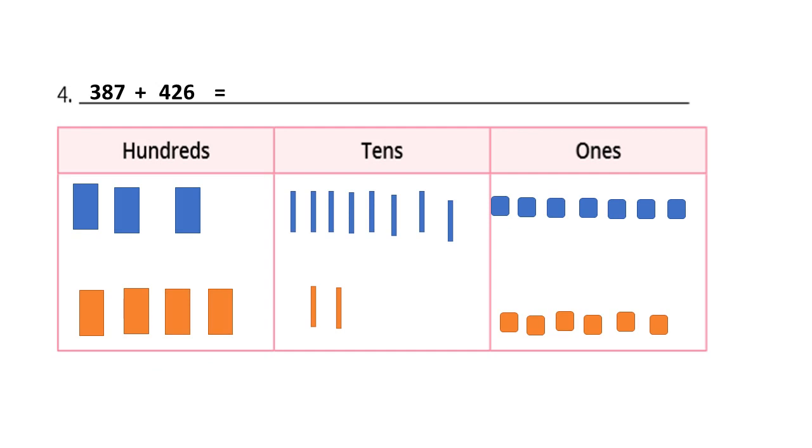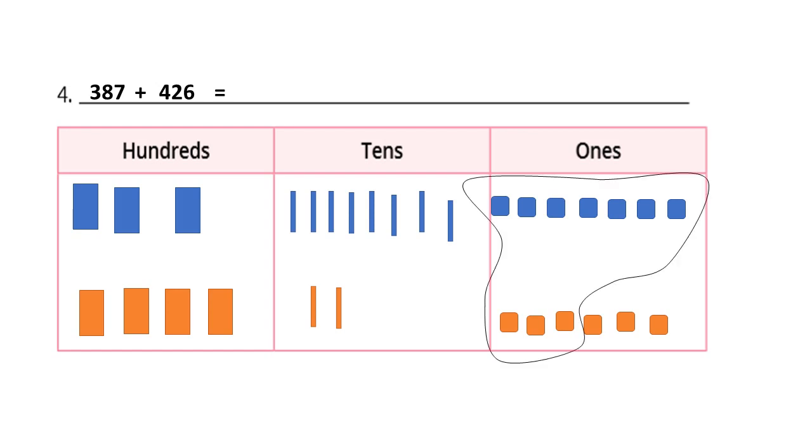Okay, now we represent the two numbers. Let's collect how many here in the ones. Count them together. Yes, 13. Can I write 13 in the ones? Super, I can't write 13. So what will I do here?